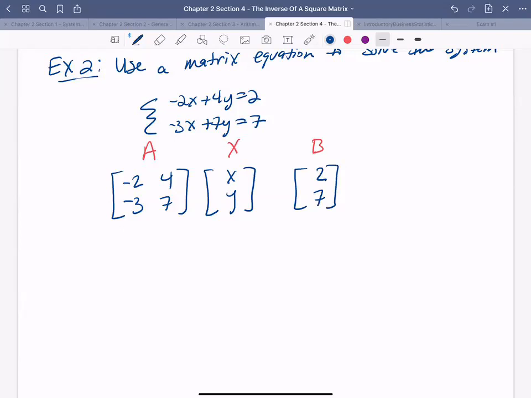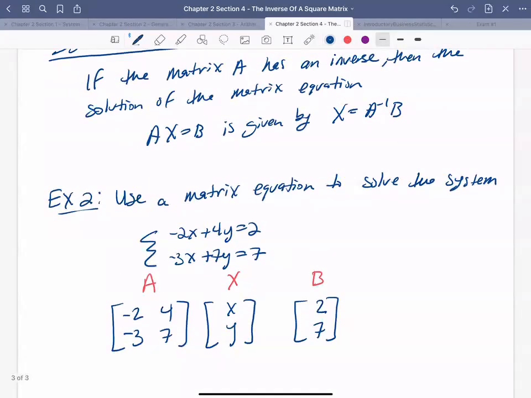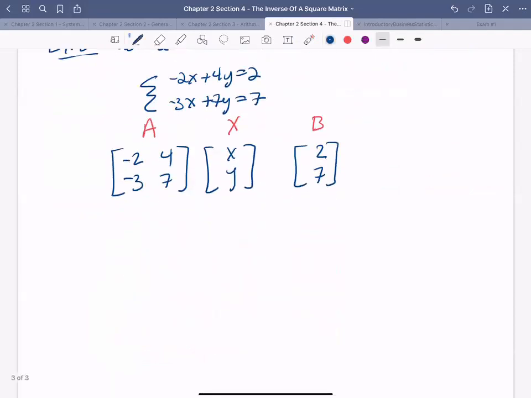Well, based off our definition from a little while ago, it says that if I'm trying to find X, if I know its inverse, I can multiply it by the matrix B, and then I can go from there, and I can find my answer. Well, like I said, this matrix A we just used in the last example, so we already know its inverse. And the inverse that we came up with was the inverse of A was negative 7 over 2, negative 3 over 2, and we have 2 and 1.